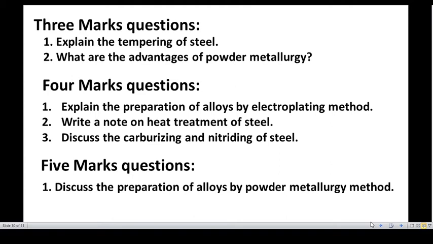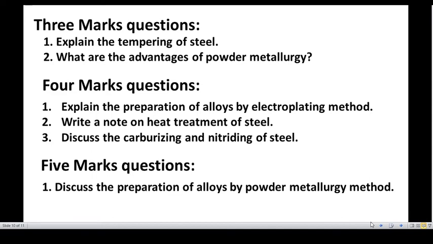There is control over the dimensions and physical properties, and wide latitude of shape and design, so complex shapes can also be obtained by this process. Another advantage is very good material utilization, and cleaner and quieter operation. So these are some of the advantages of powder metallurgy.